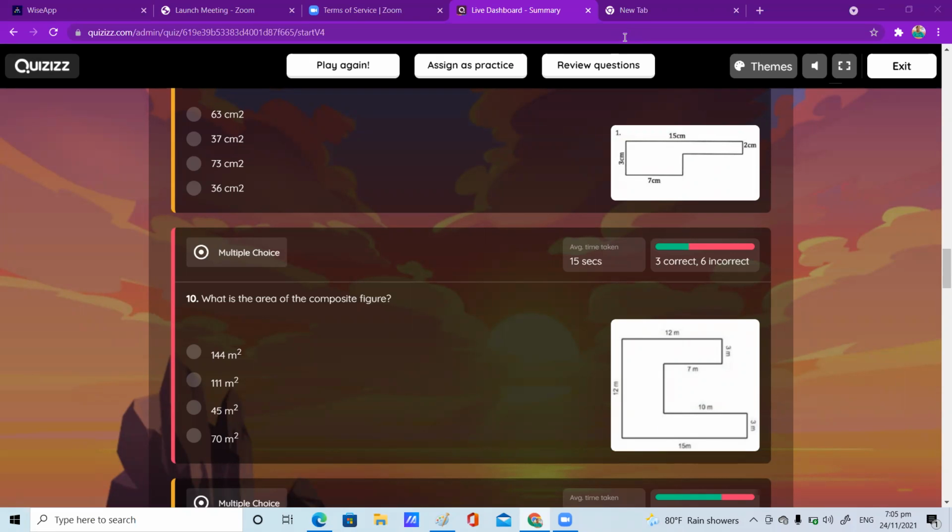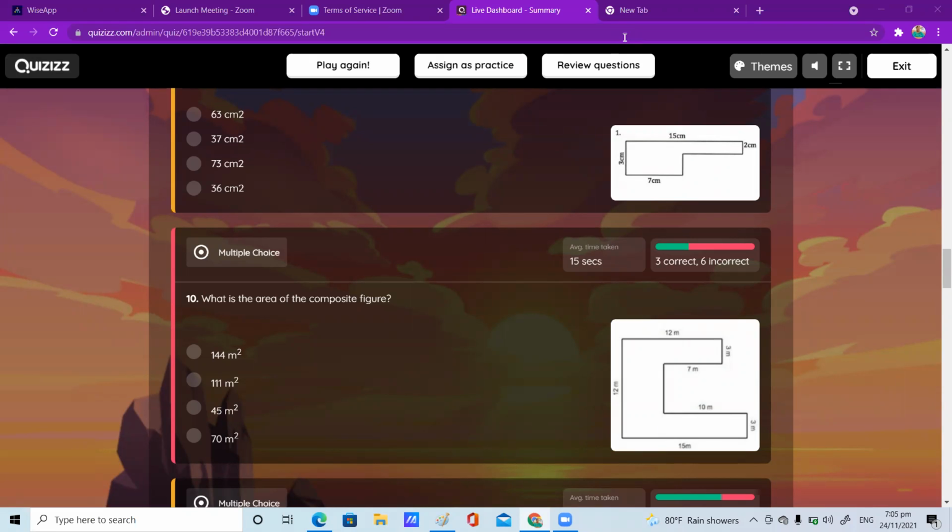So plus 6 into 15 minus 10, because if you see the bottom line, it is 10 meters, and the bottommost line is 15. So 15 minus 10 is 5. So it will be 6 into 5, plus the last one, which is 10 into 3.